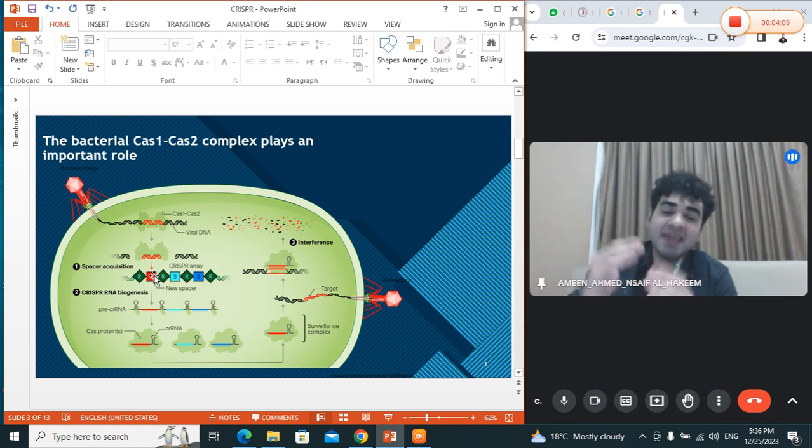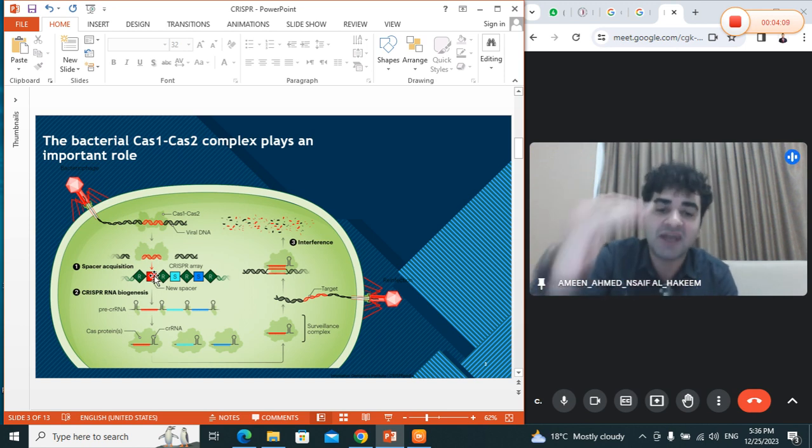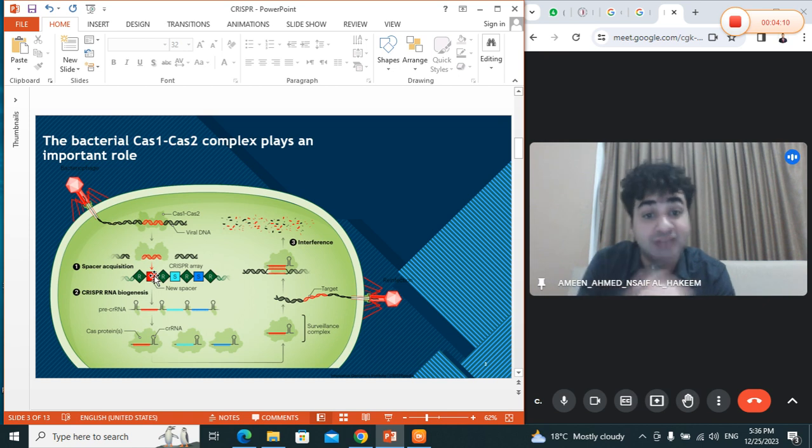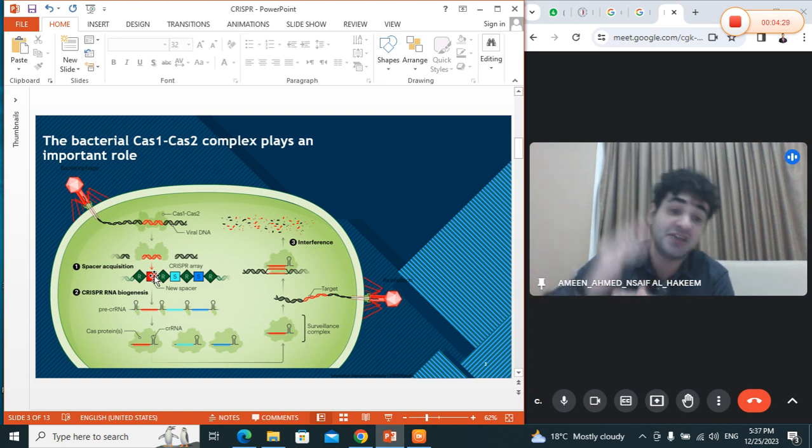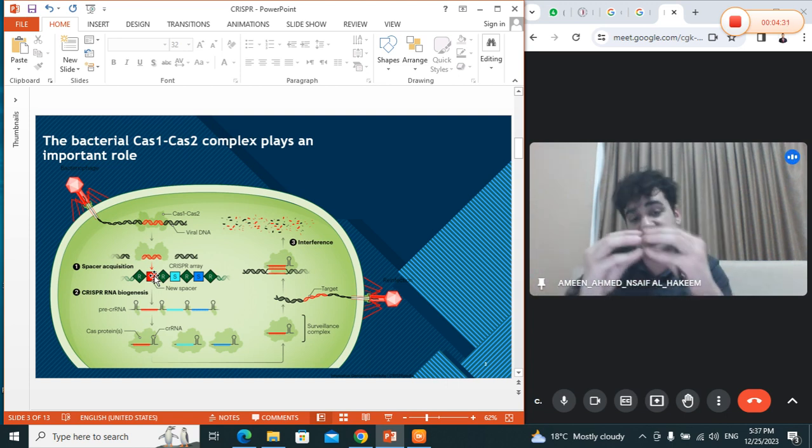At the beginning, for a fast illustration of the Cas1 and Cas2 roles, these proteins work together during the adaptation. Cas1 helps in integrating the short DNA sequence spacer from the invading virus or plasmids into the CRISPR array, so in the bacterial genome. Cas2 is involved in stabilizing the integration complex in this operation.